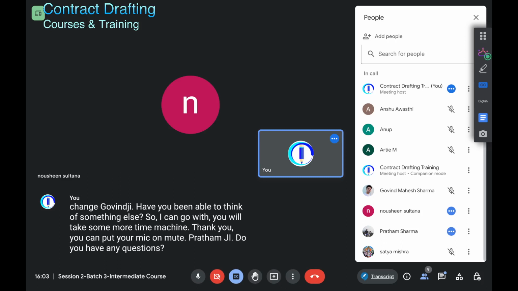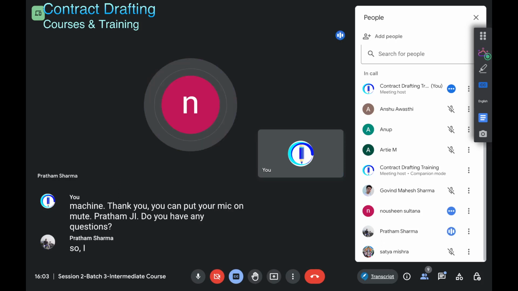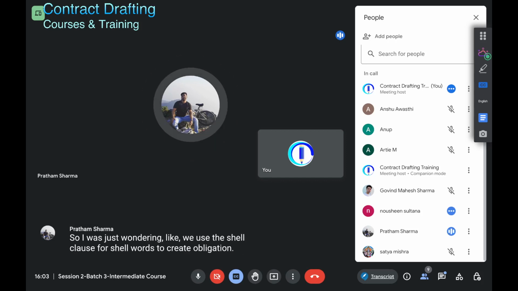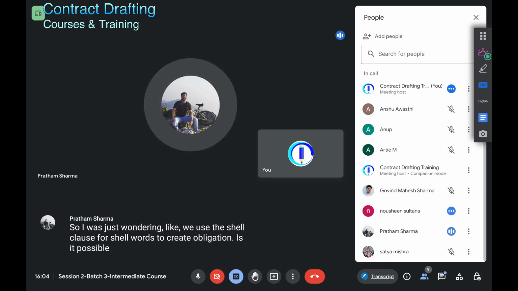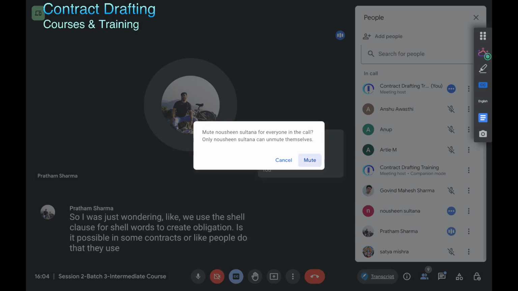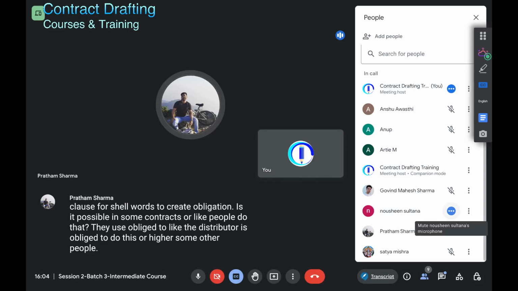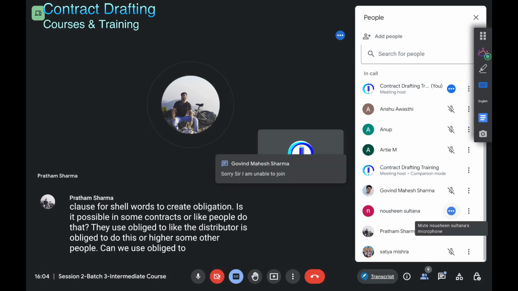So I was just wondering, we use the word shall to create obligation. Is it possible in some contracts that people use obliged to, like the distributor is obliged to do this? Can we use obliged to in place of shall? Yes, why not?